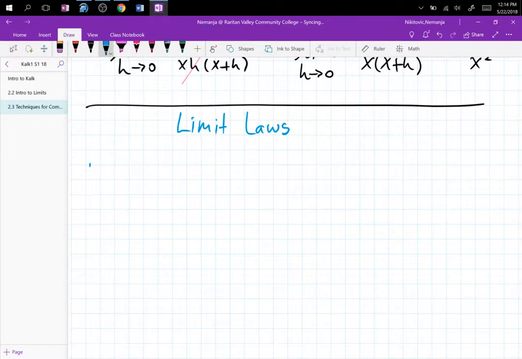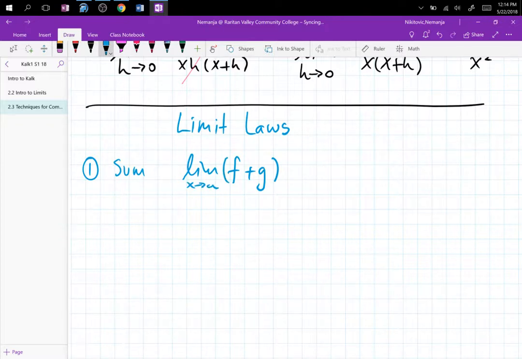Number 1 is the sum. So if you have the limit of the sum of two functions, f plus g, as x goes to a, you can calculate the limits individually.